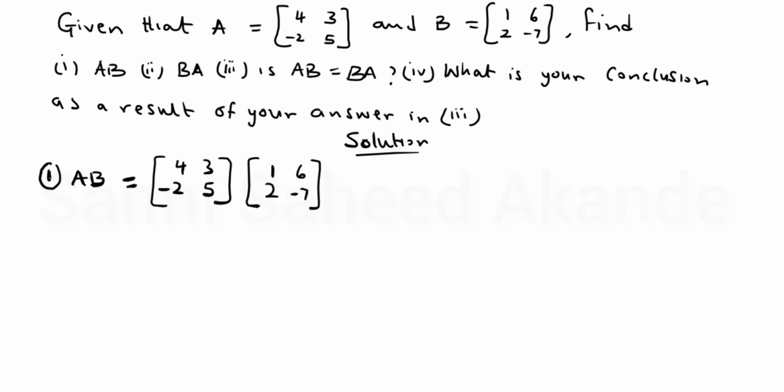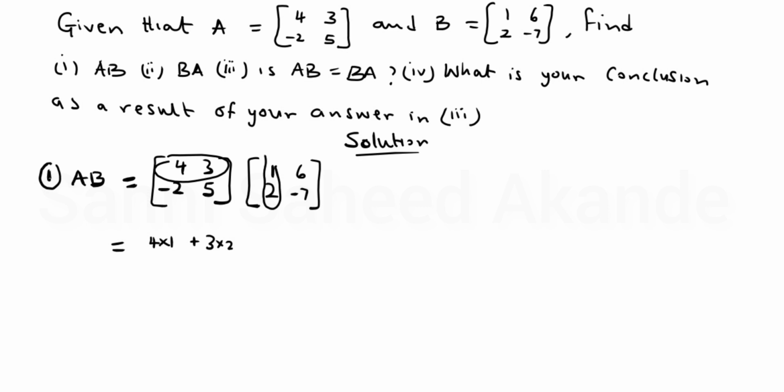Now let's quickly multiply together following the same pattern I showed you in the previous example. So if you follow that pattern, we'll now be having 4 times 1, plus 3 times 2. We have taken this first row to multiply this first column one after the other.